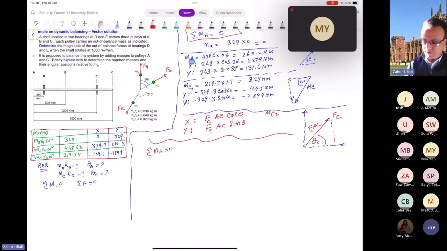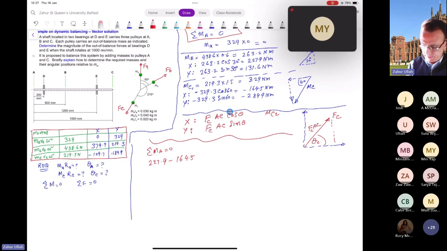So the first one, the X here, was 227.9, and this was positive. This X component for the force C was negative, so minus 164.5. And then you just need to add this unknown component.